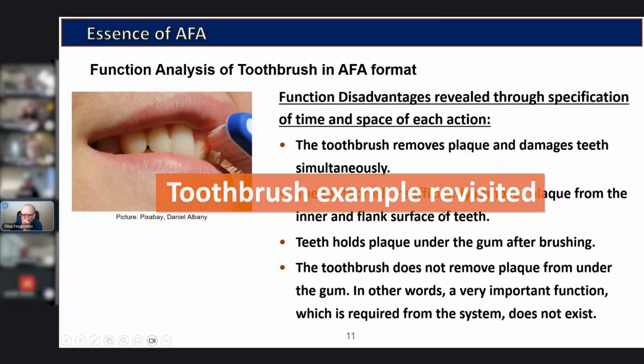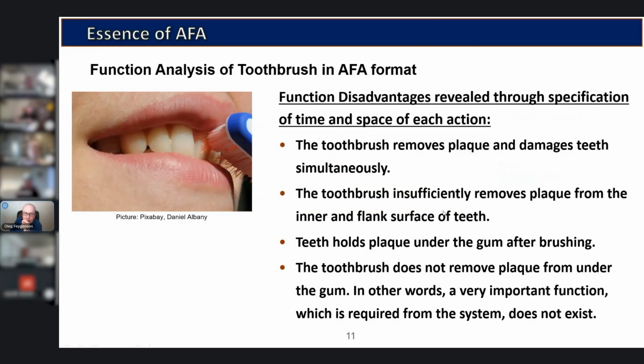Let us ask the question: when and where? For example, toothbrush removes plug. Where? We have to understand that our teeth have many surfaces. They have a front surface, a back surface.